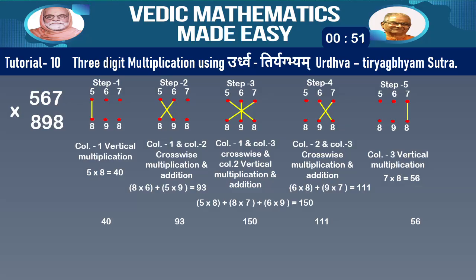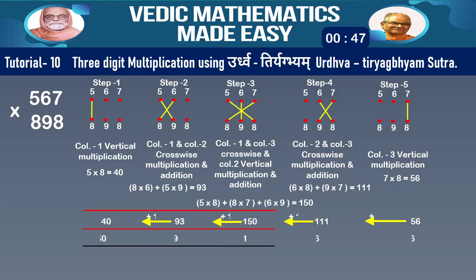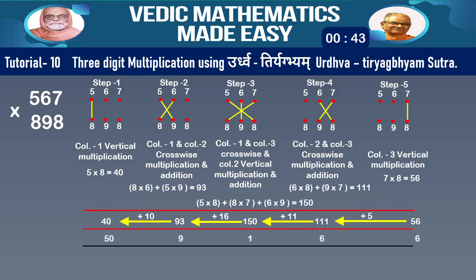Now, as usual, retaining only unit place digit and transferring the remaining digits to the previous step values 40, 93, 150, 111 and 56 and adding we get 509,166.